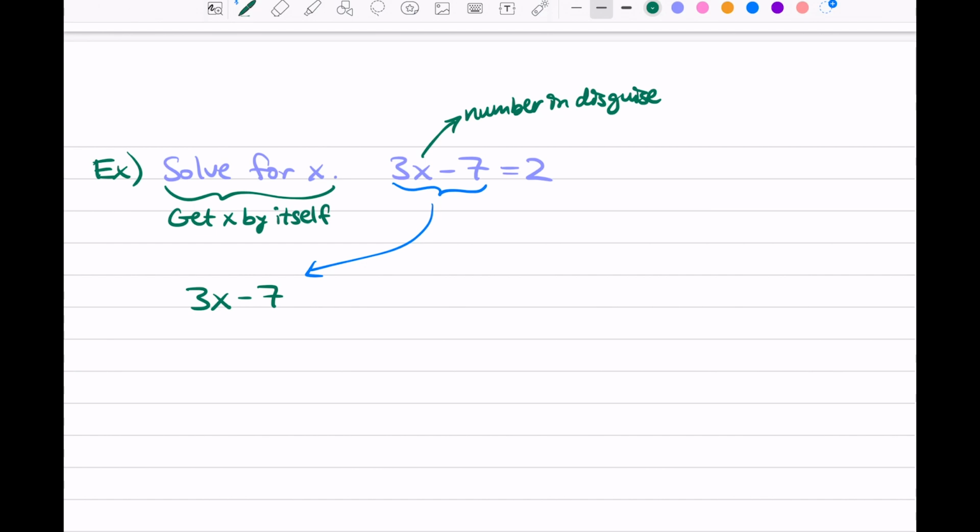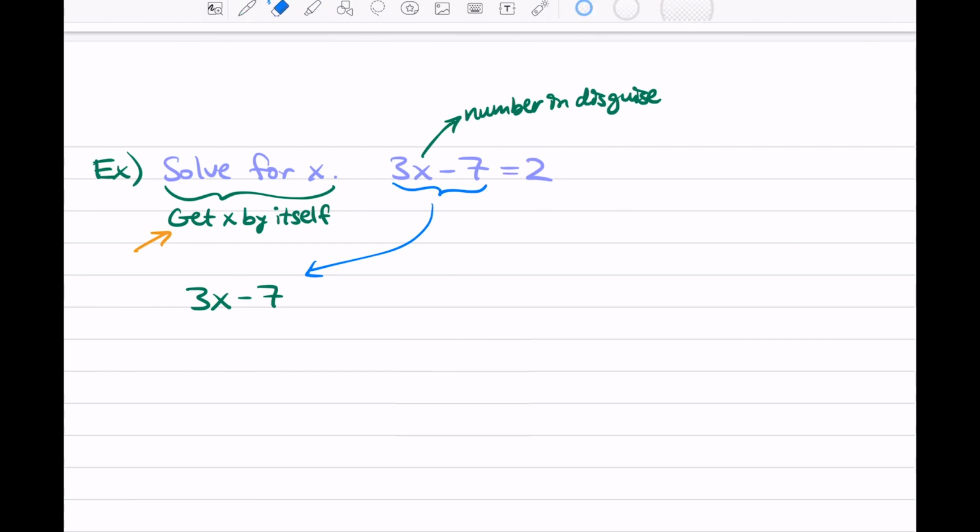So our goal is to get x by itself. So we want to have something where once we're working down the problem, we would get x equals something. X is the variable, the number in disguise, so we want to figure out what is underneath the mask. What number is x?